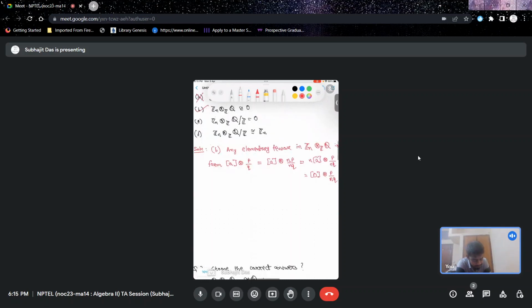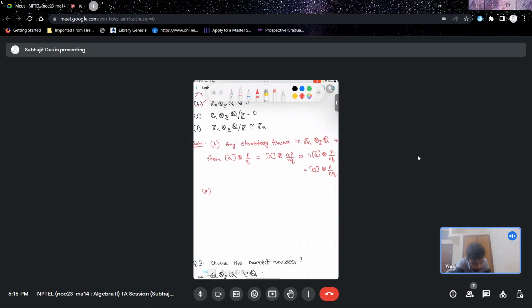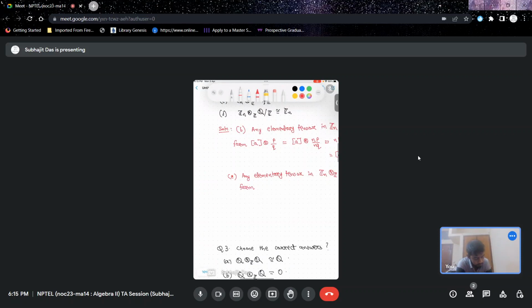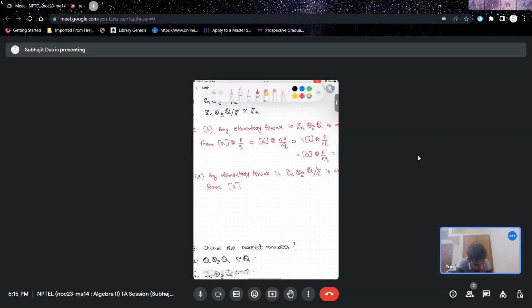Now what about option C? Is option C correct? So again, any elementary tensor in Zn tensored over Z with Q mod Z is of the form box A tensored with Z plus P over Q, right?